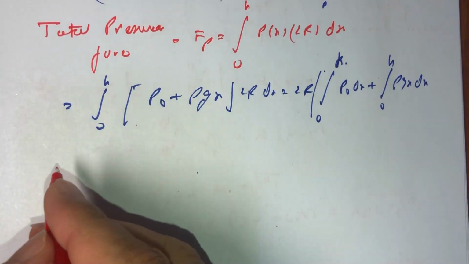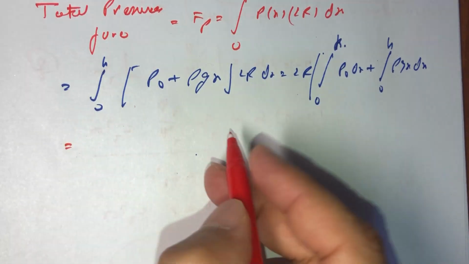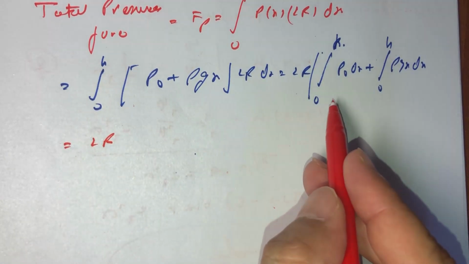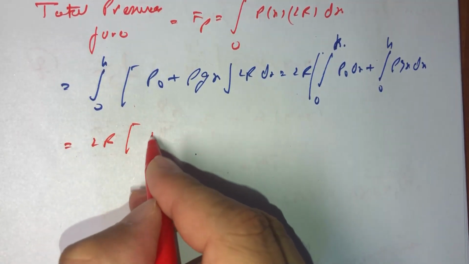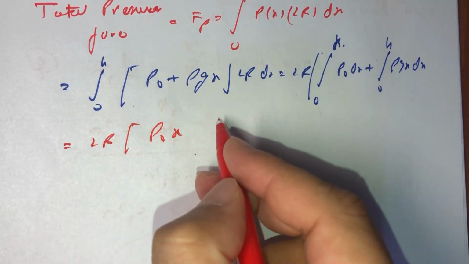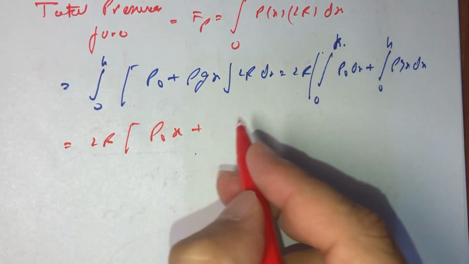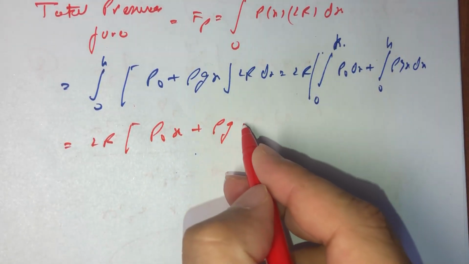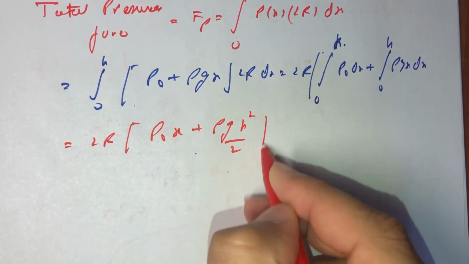So now it is simple calculation. This will come as 2r times P naught x plus rho g x square by 2, evaluated up to h, so h square by 2.